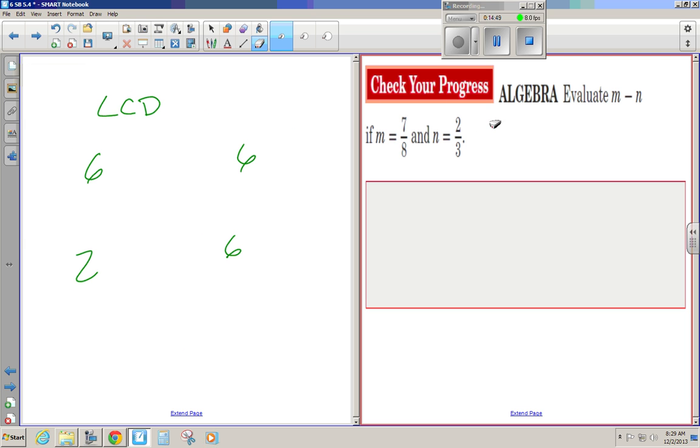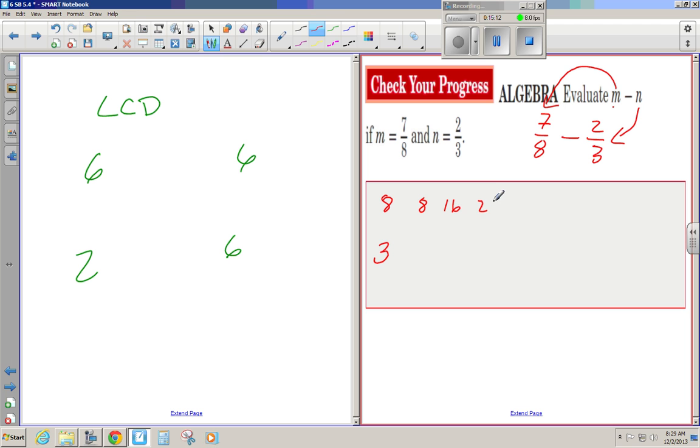All right, so evaluate when these numbers are here. Well, M is 7/8 minus N, which is 2/3. So the least common denominator for 8 and 3, well, let's see, that's 8, 16, 24.